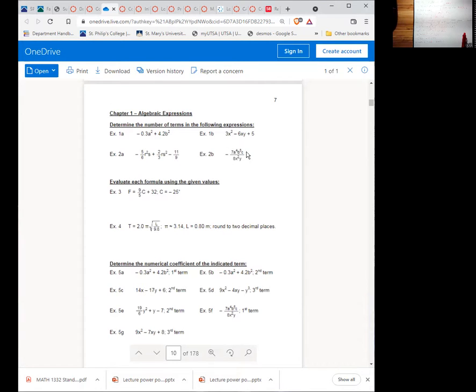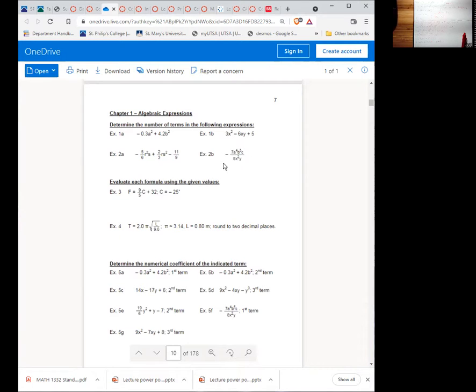What do you guys think about this one? How many terms is that? Wouldn't that be like maybe 4? It looks like it could be, right? But it's kind of a trick question. There are no pluses or minuses in between, right? Because the pluses and minuses determine whether you have another term.